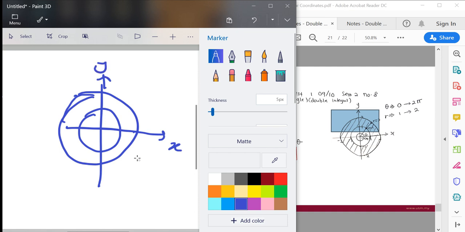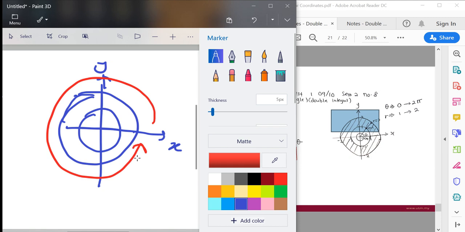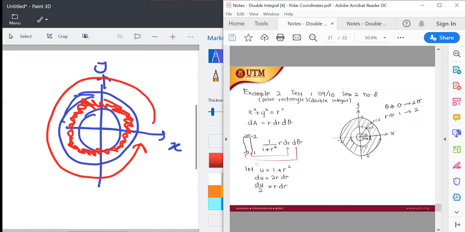We must remember that the angle moves anti-clockwise, so it starts from here up to here. The shaded region will be this one because it's the bounded region between two circles, right? I know it's very bad sketching. That's why the angle is 0 up to 2 pi.